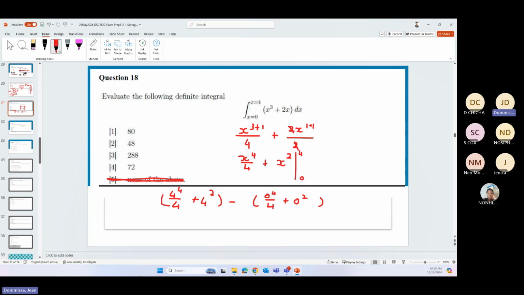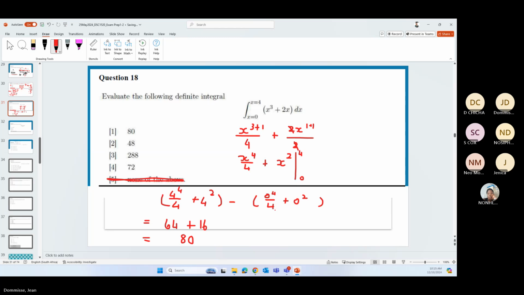So 4 to the power of 4 is 256. Divided by 4 is 64. 4 to the power of 2 is 4 times 4, which is 16. And so that gives me 80.